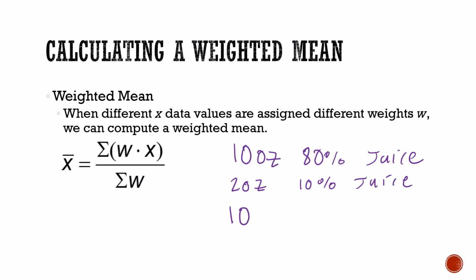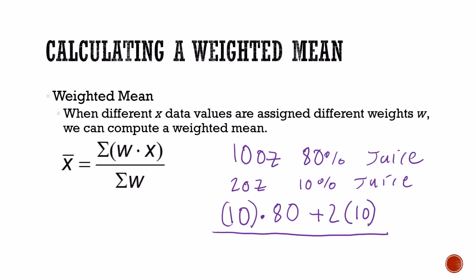So it's 10 times 80 plus 2 times 10, divided by 12. The weights are 10 and 2, and their sum is 12. So that's the calculation you would do.